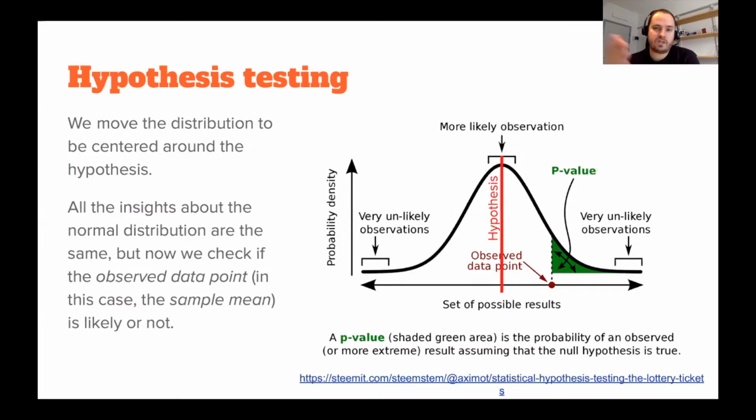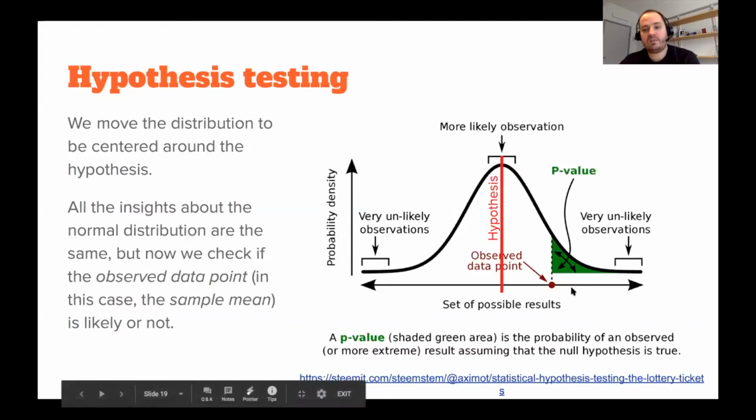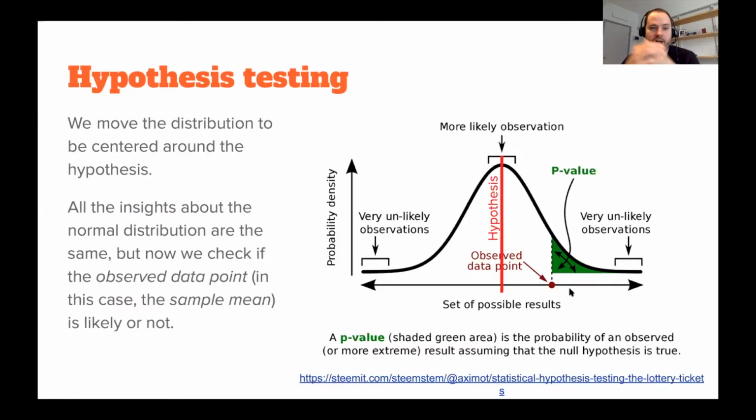So that's what we're always going to keep thinking about. It's the probability of seeing. So the p-value, in summary, is the probability of observing the data point that you have observed, or something even worse. And then basically the final result of a hypothesis test is that, okay, if my p-value, this probability of getting something that I observed or even worse, is very low, always remember, p is probability, so low probability is bad.